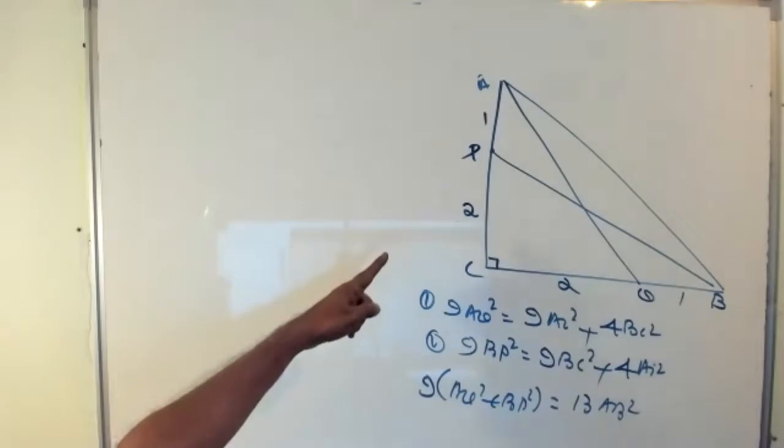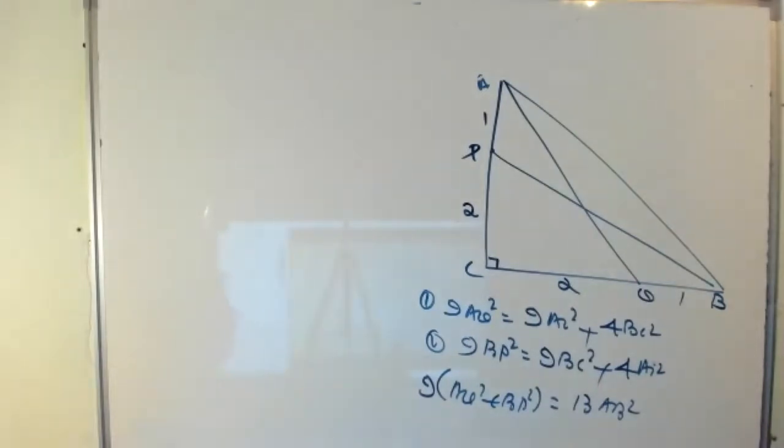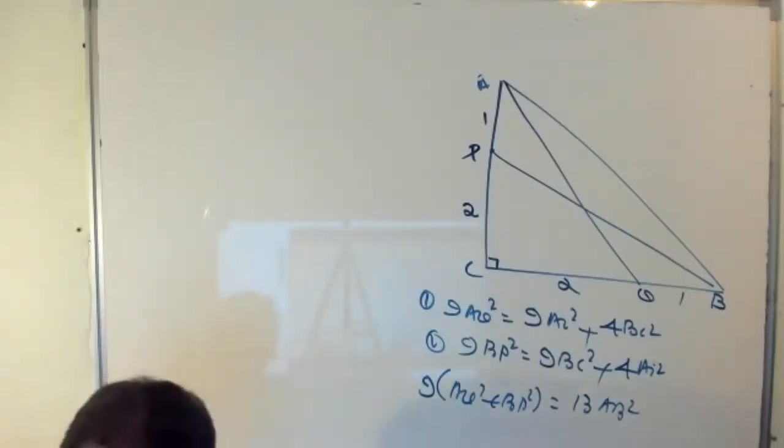I mark it here. Then prove that 9AQ square equal to 9AC square plus 4BC square. Then 9BP square equal to 9BC square plus 4AC square. Then 9 times AQ square plus BP square equal to 13AB square. Okay, try now.